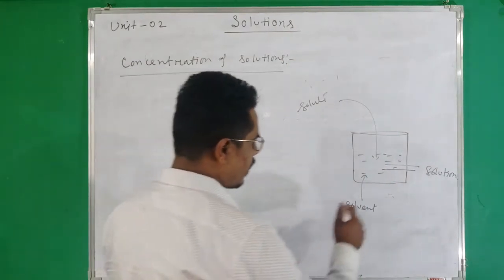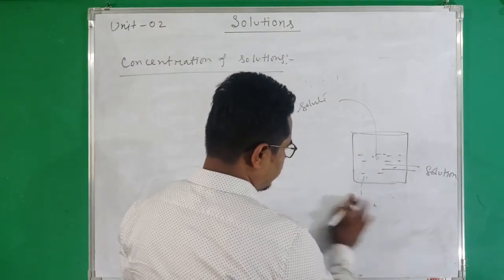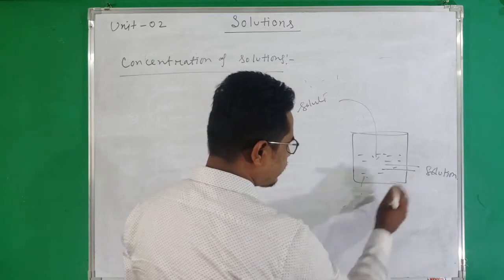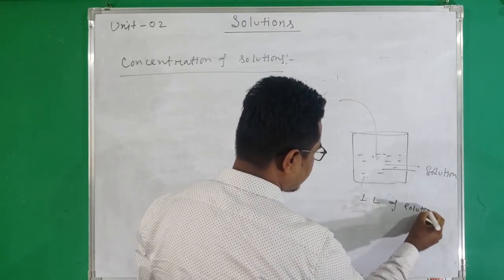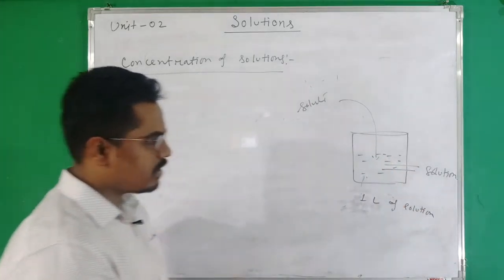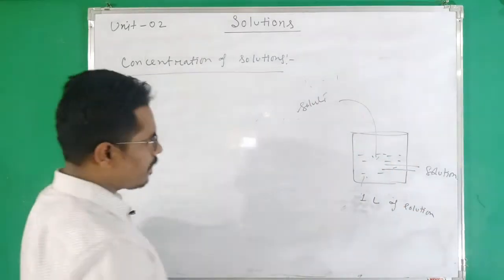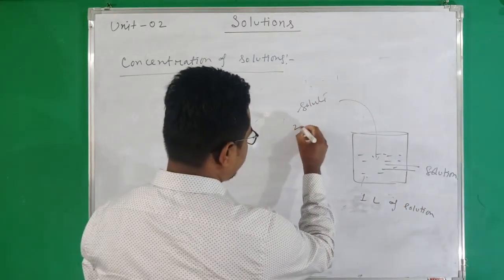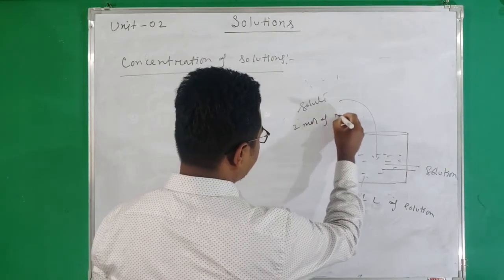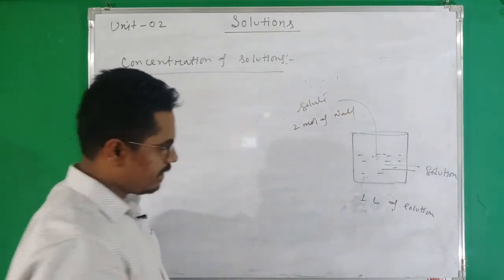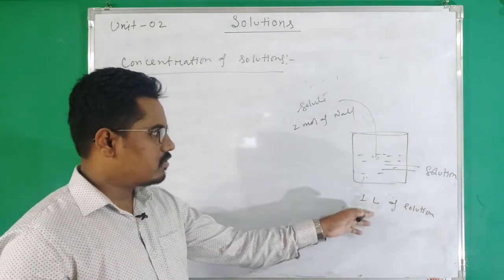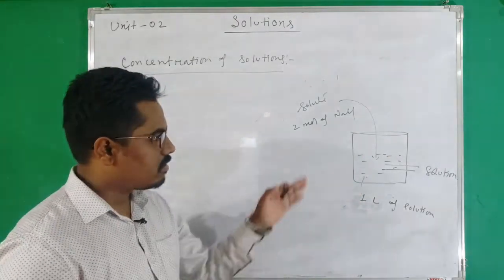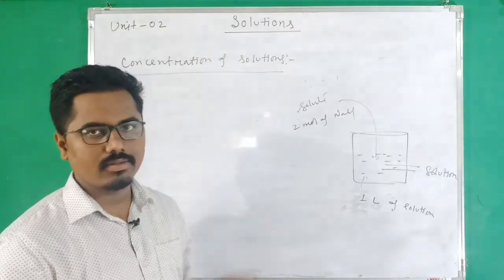Suppose I have 1 liter of solution. Just imagine the volume of the solution is 1 liter and I added, suppose, 2 mole of sodium chloride. Then the amount of solute present in the given solution is known as concentration of this solution.